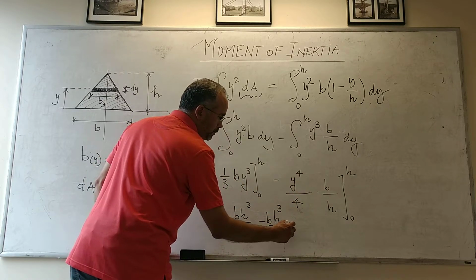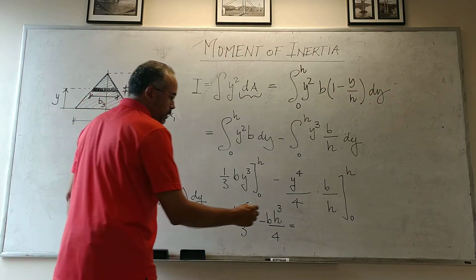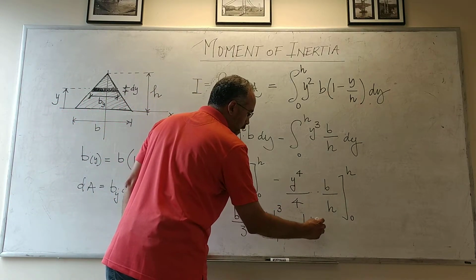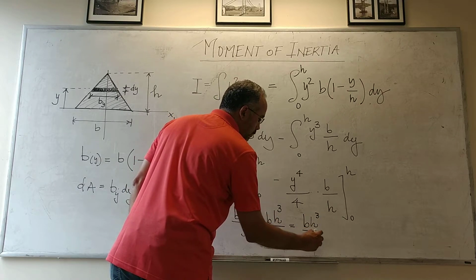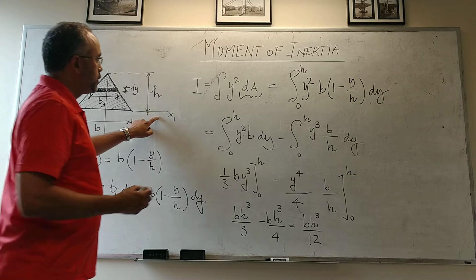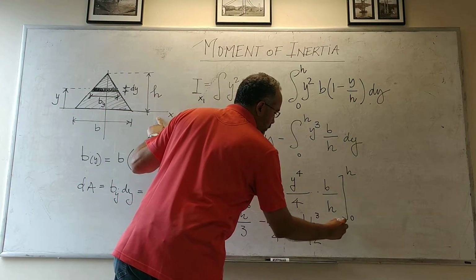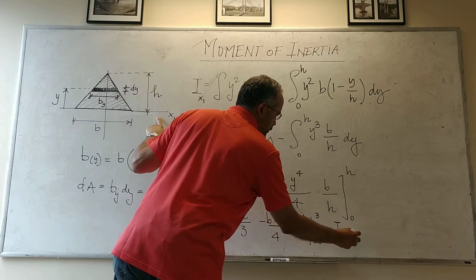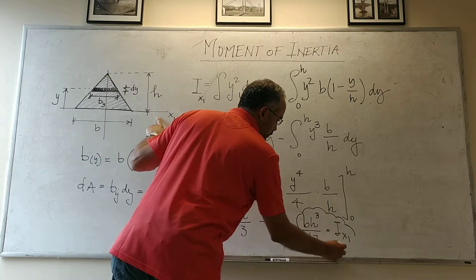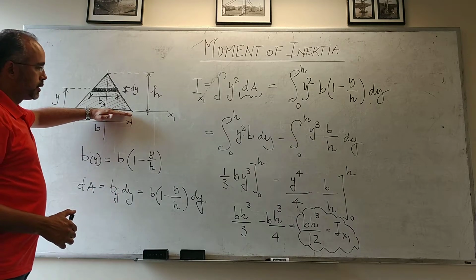Divided by 4. If you do the addition, this comes out to be bh cubed divided by 12. So that's the moment of inertia around x1. So that is the moment of inertia around the base.